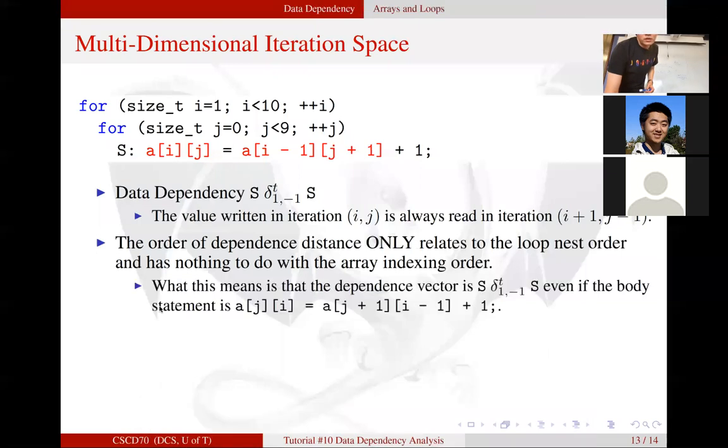Okay, so let's return back to what we have. We have discussed how the notation is only related to the iteration space. So what happens if our loop body becomes A[j][i] equals A[j+1][i-1] plus 1?